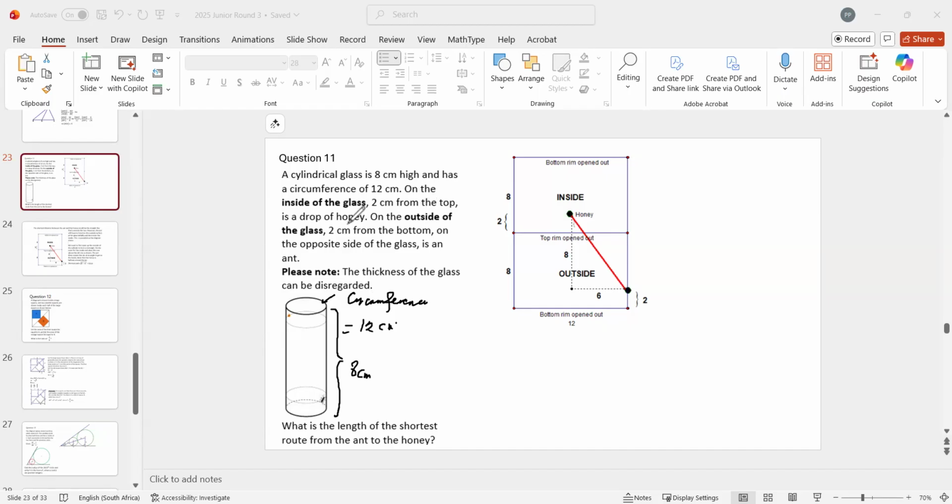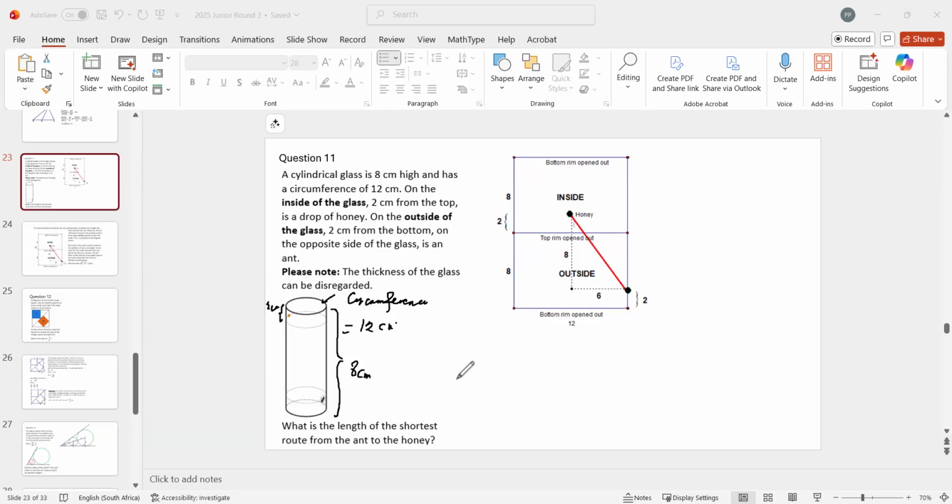Right. Now, on the inside of the glass, 2 centimeters from the top is a drop of honey. So you can see the slight dot here, right? And you got a little ring here. It means this is 2 centimeters from the top. And on this circle here, which is 2 centimeters from the top, there is a little drop of honey.